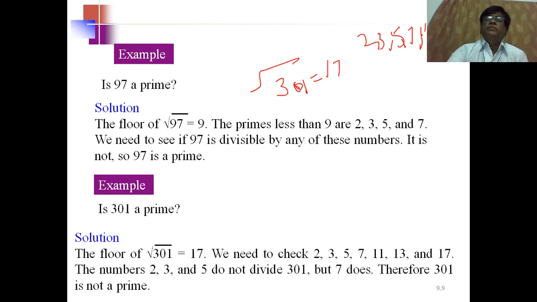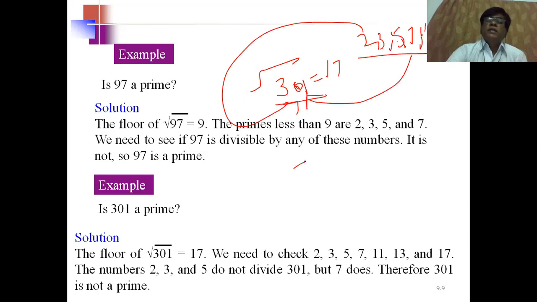Now check whether any number divides 301. 2, 3, 5, check these. Actually, the numbers 2, 3, 5 do not divide 301. But 7 divides 301, because 301 by 7: 7 times 4 is 28, then 21, 7 times 3 is 21.